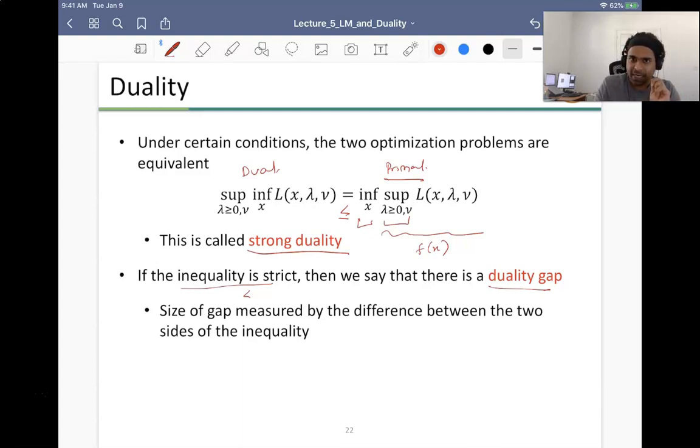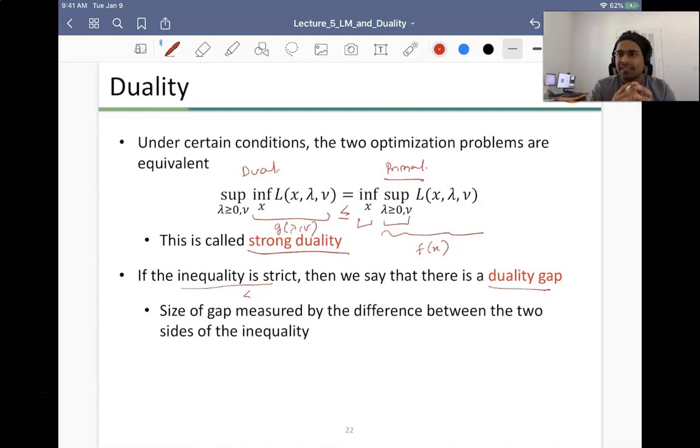Correspondingly, the dual problem is a max over an infimum, and this min is nothing but the dual g of lambda comma nu. So the primal problem is min of f of x subject to my constraints, and the dual problem is max g of lambda comma nu, potentially again subject to constraints.